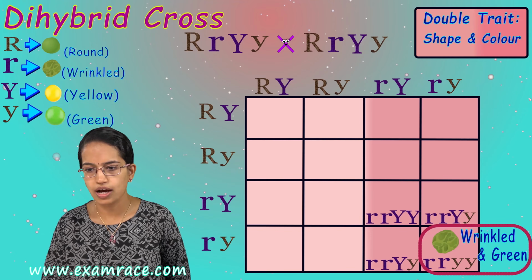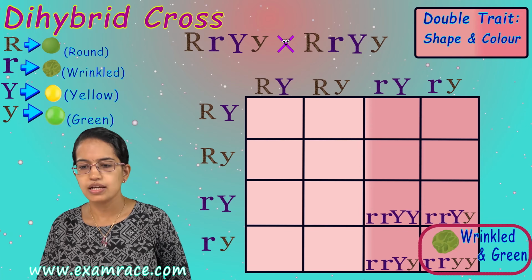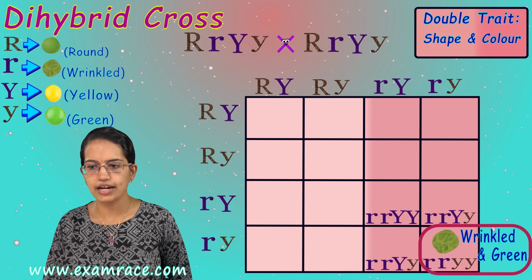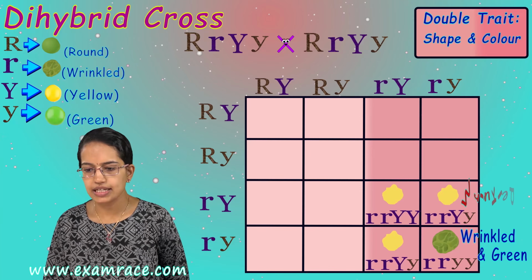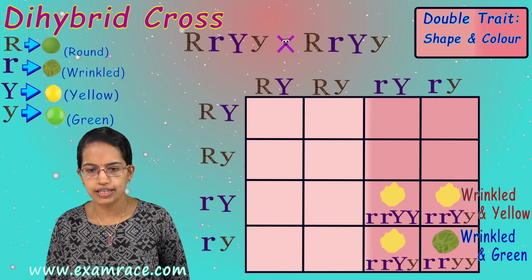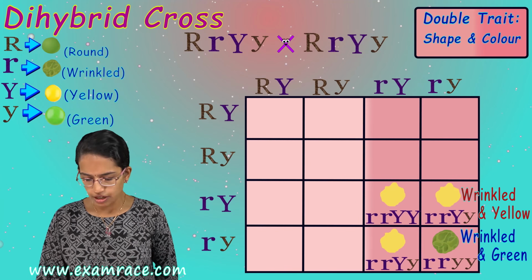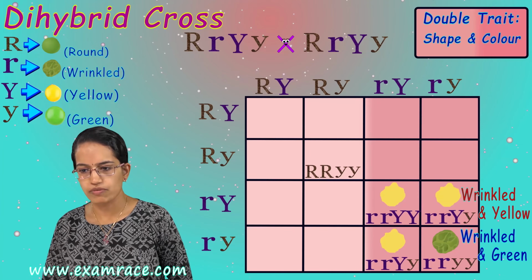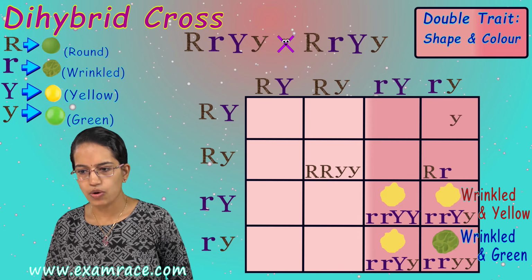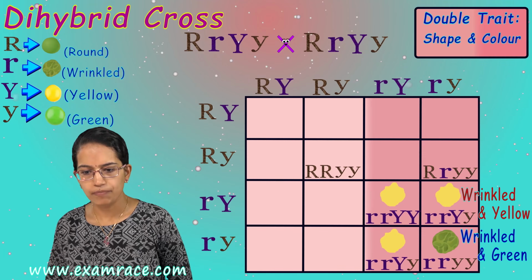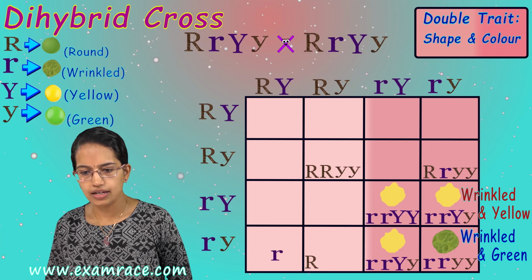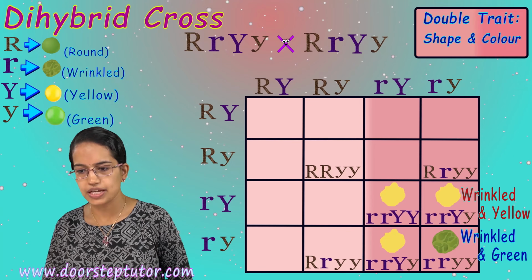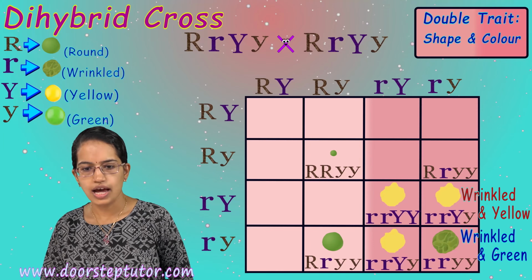So small r, small y would be wrinkled and green, and there is only one case for that. Then you would have wrinkled and yellow, I have 3 cases. Now the next case would be, I would have capital R, small y, capital R, small y, and then capital R, small y. So these are the 3 cases where I would have R and small y.